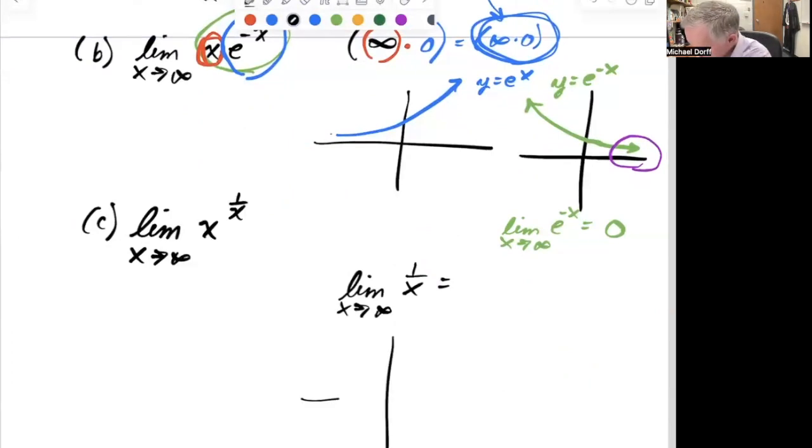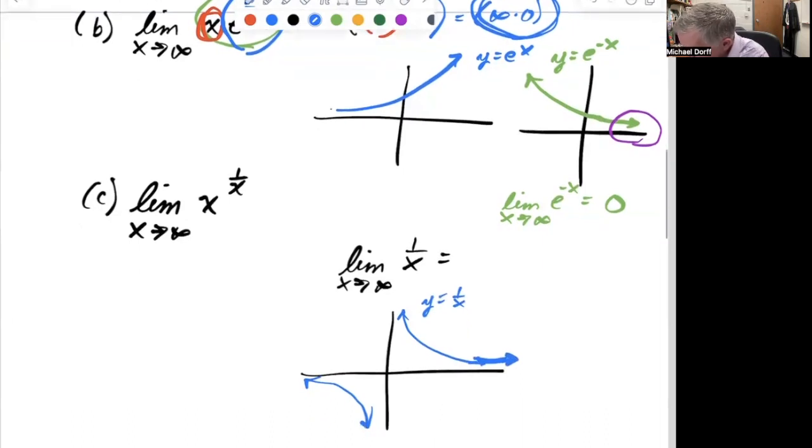I can also look at it in terms of a graph. The graph of 1 over x looks like this. It's a hyperbola. And as x gets larger and larger, that limit is going to get closer and closer to 0.